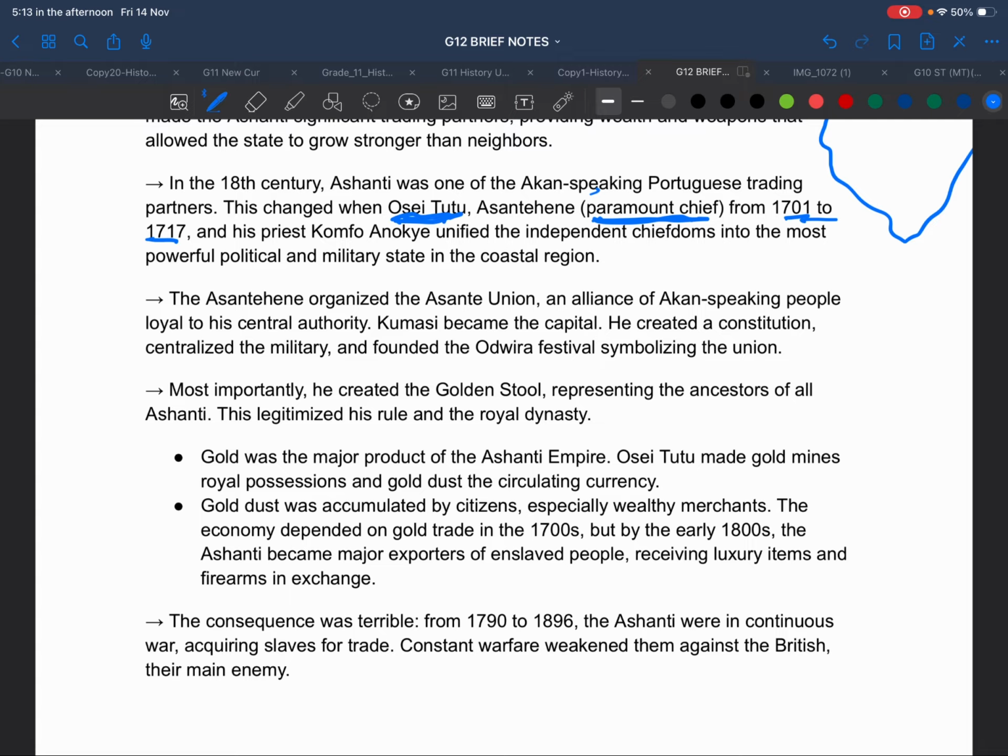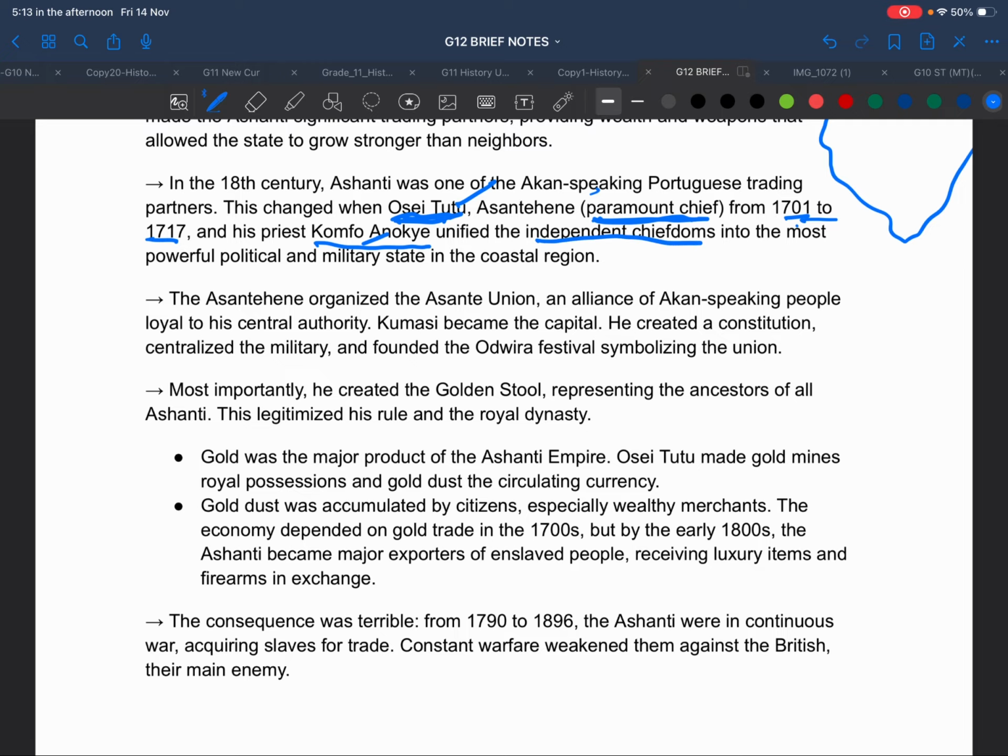And he and his priest, Komfo Anokye, unified the independent chiefdoms into the most powerful political and military state.